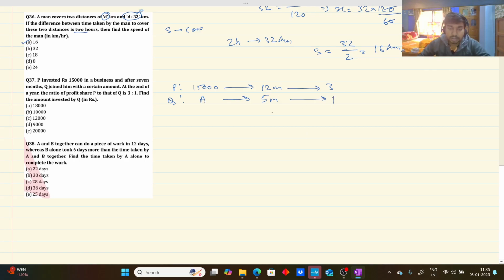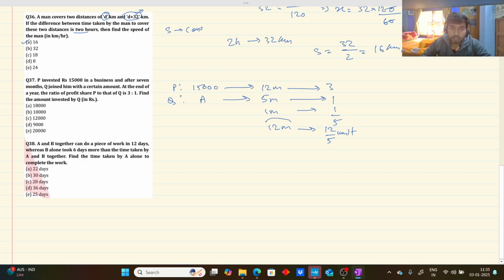Now to compare these two scenarios, we have to bring the months to the same level. So we'll try to get this 5 month profit to the same level as this. If in 5 months he has gotten 1 unit of profit, in 1 month he would have gotten 1 by 5 unit of profit, and in 12 months he would have gotten 12 by 5 units of profit, just using simple unitary method.